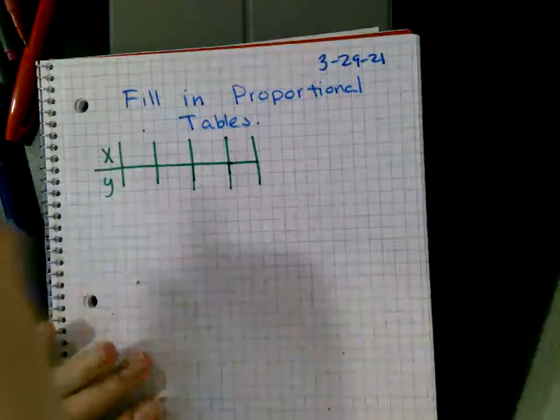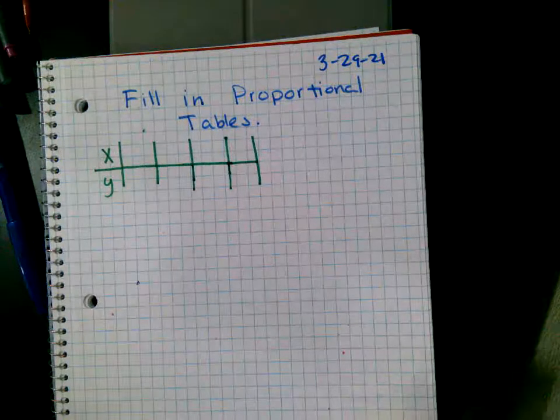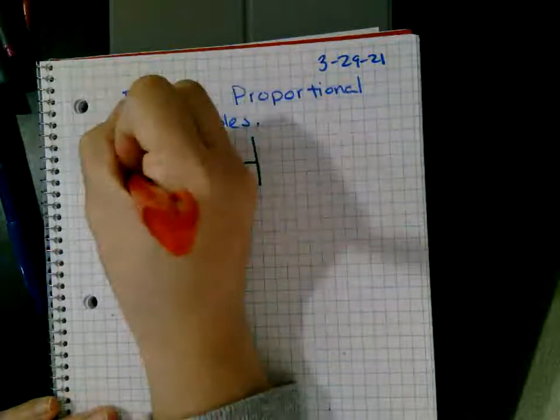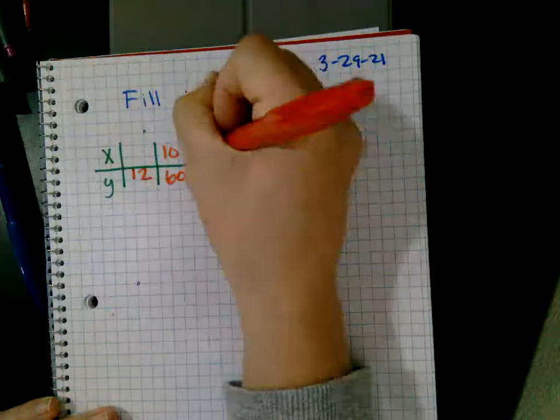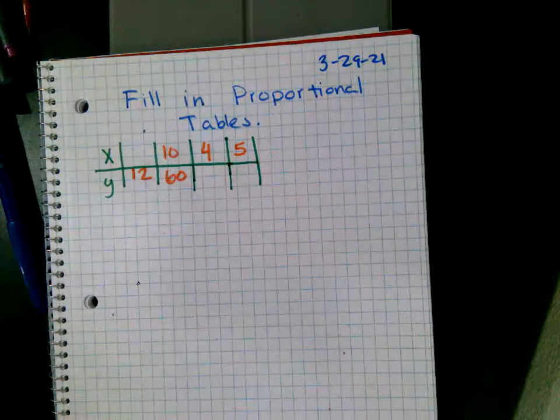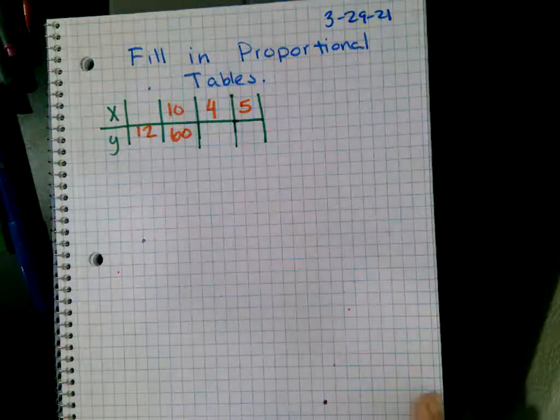All right. And then I'm going to give you the numbers 10, 60, 12, 4, and 5. All right, and that's all the information I'm going to give you.